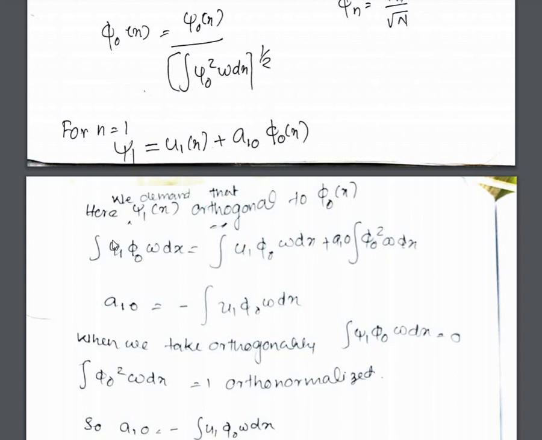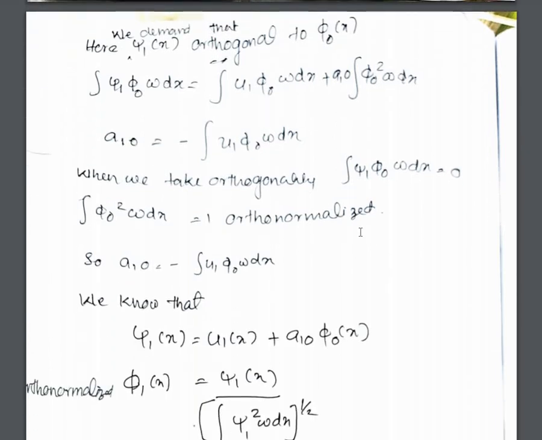So a10, when we take it to the left hand side, a10 is equal to minus integral u1 of x phi 0 of x w of x dx between the limits a and b. So you will get this equation.